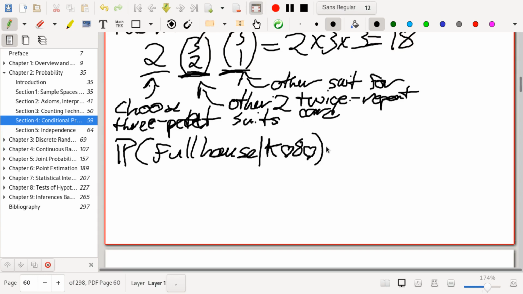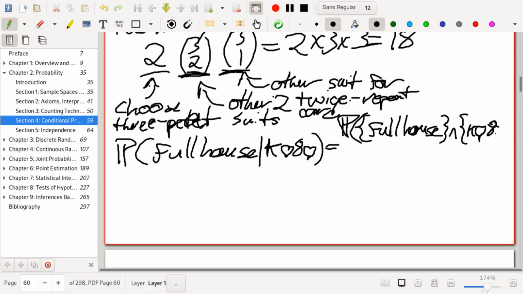And that's going to be the probability of a full house intersected with having the king of hearts and the 8 of hearts, divided by the probability of having the king of hearts and the 8 of hearts in our hand.